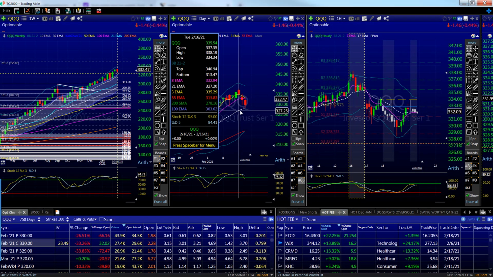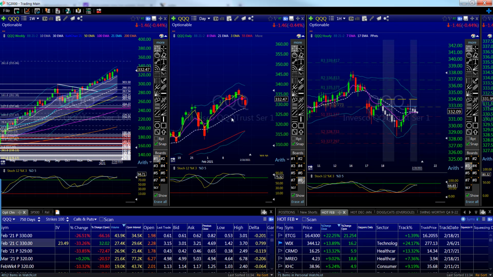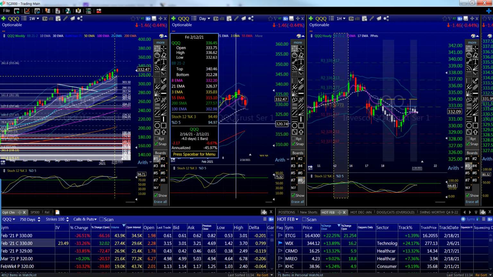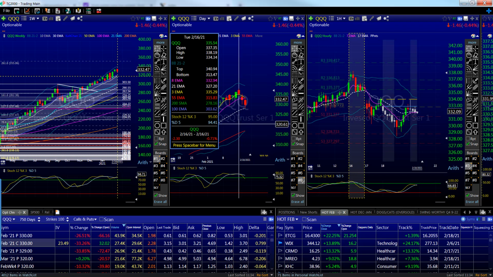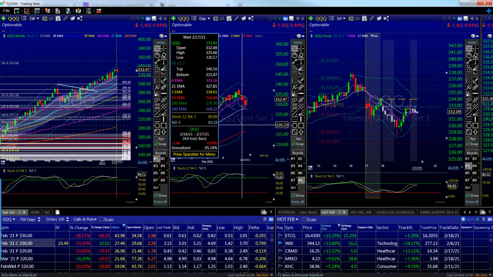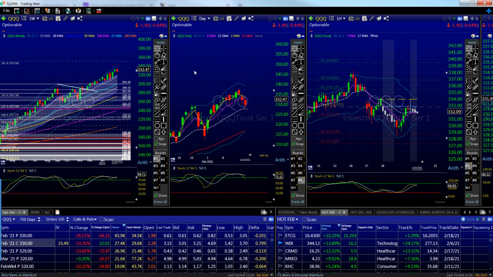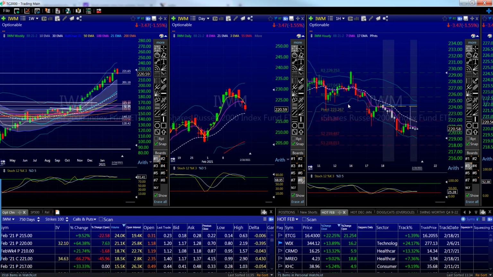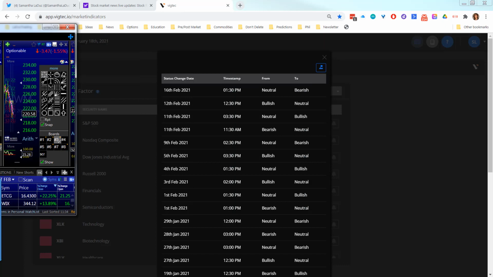That was the 16th, and at 1:30, you can see where I'm showing you intraday, okay? It triggered short, and it stayed short. This is the key to this indicator. It went into short mode and it stayed short. Long story short. So IWM, on the other hand, didn't trigger until the 17th.